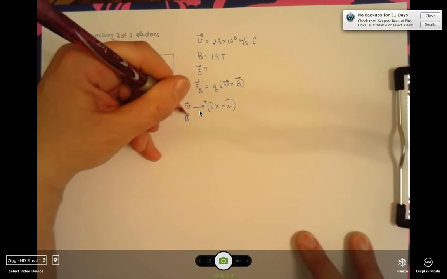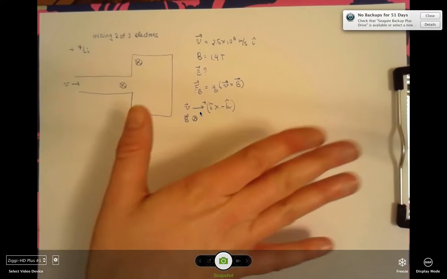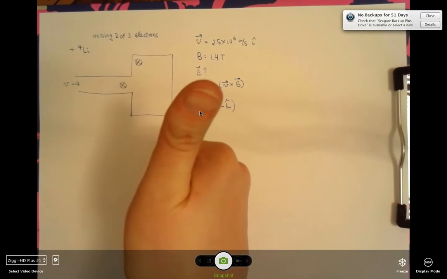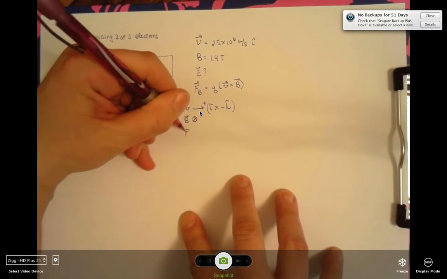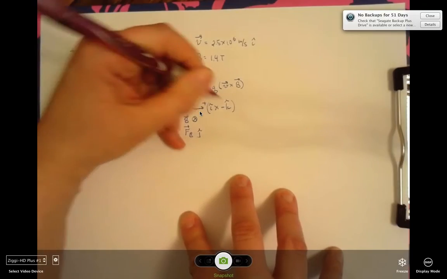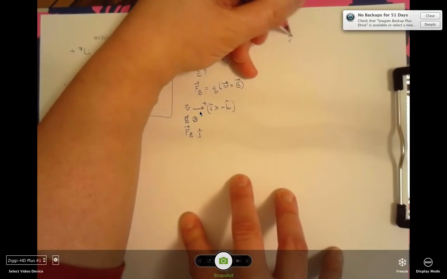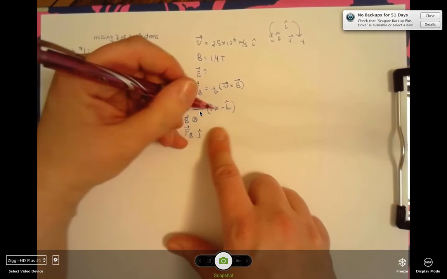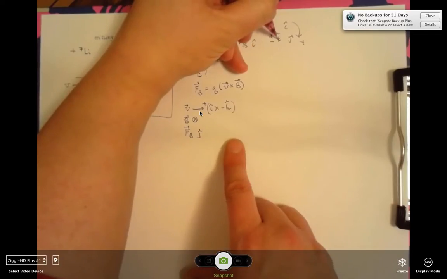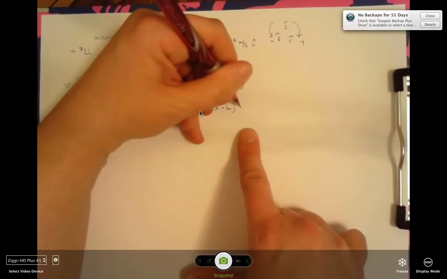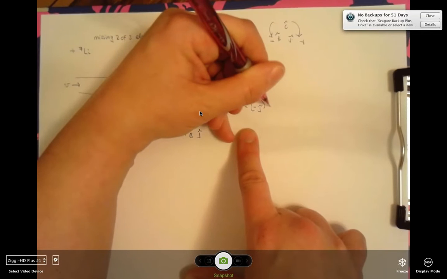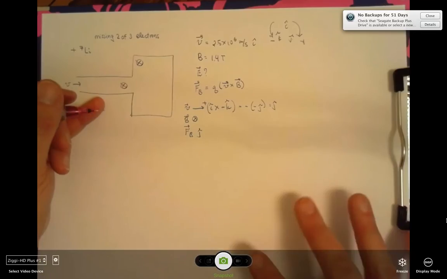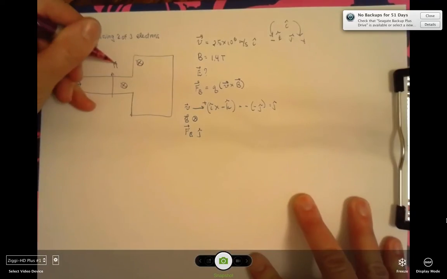Right-hand rule tells me the magnetic force should be up, but let's check it with our triangle, IJK. I cross K gives us a minus J, and we've already got a minus sign in there, so it's minus minus J, which is positive J. So the magnetic force points up.